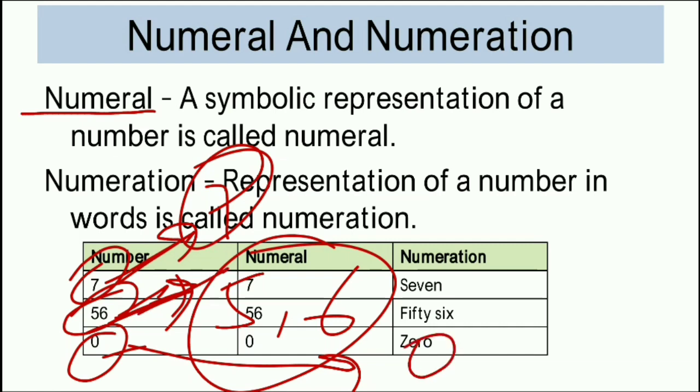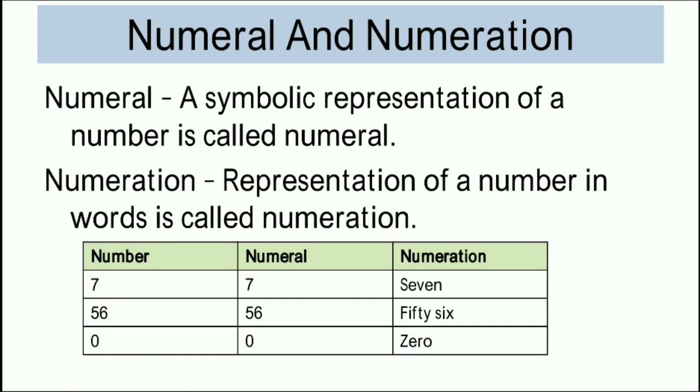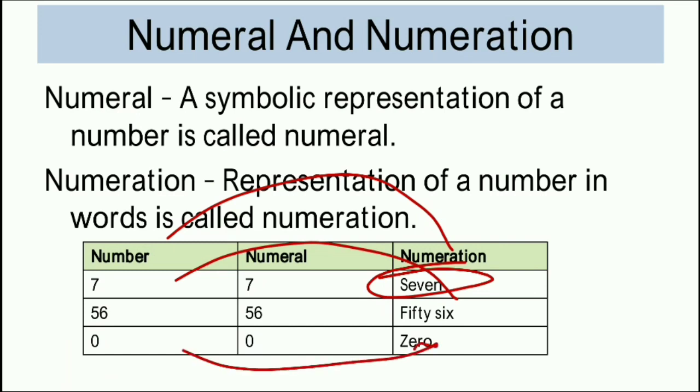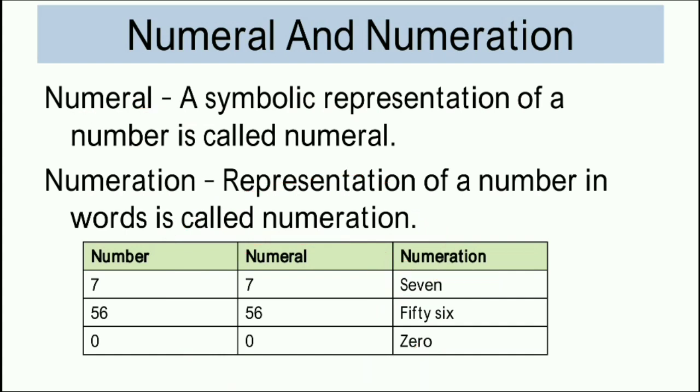So numbers can be represented using symbols, or they can be represented in words, like SEVEN. That means the number is represented in words. Whenever the number is represented in the form of symbols, it is a symbolic representation, and that representation is called a numeral.